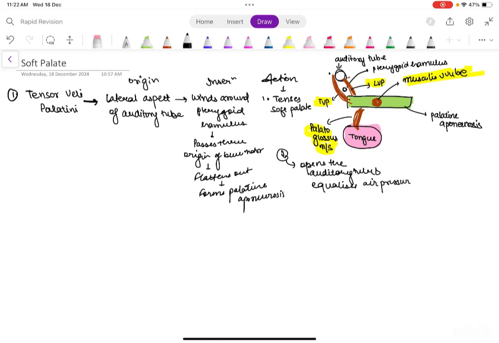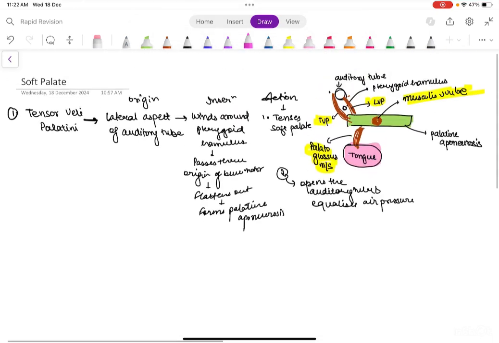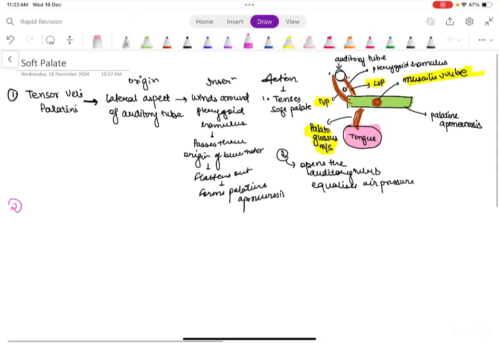All right, now let's talk about the second muscle. Now the second muscle is levator veli palatini. Let's write with the blue one. Levator veli palatini. Right, now from the diagram only you have to make out the origin.